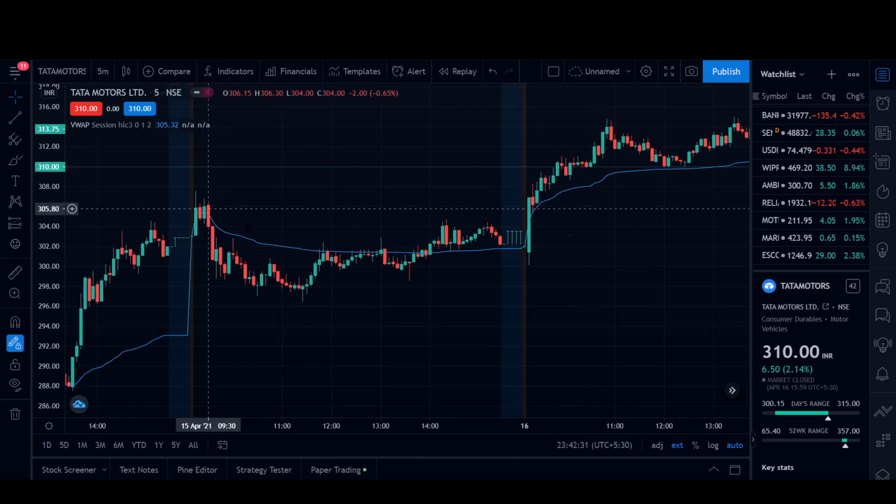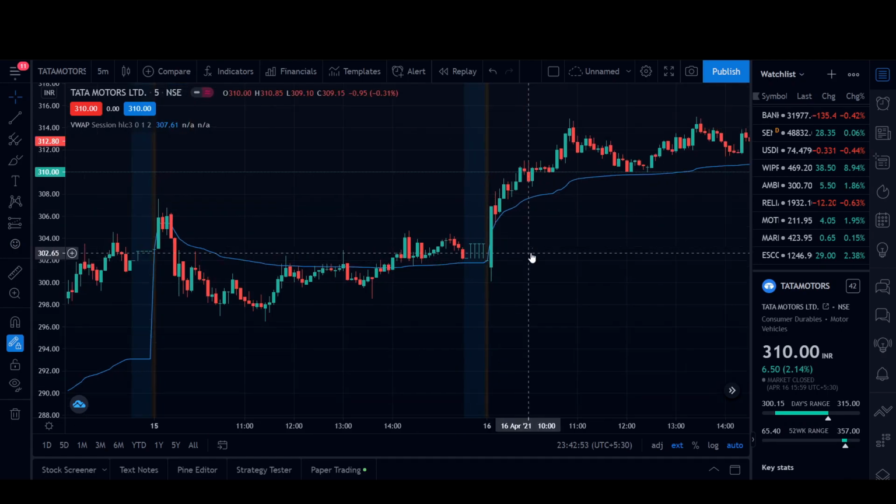As we see here, it is providing resistance at this point for around 1 hour 15 minutes. So a very strong and very trusted resistance. And right here, a breakout zone has been formed. This is where you're supposed to enter when you're using the VWAP.